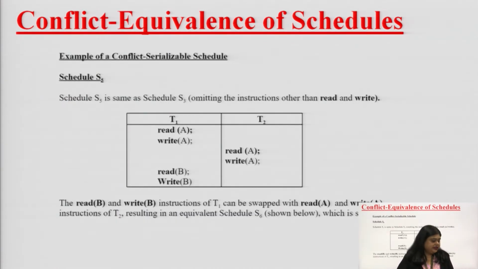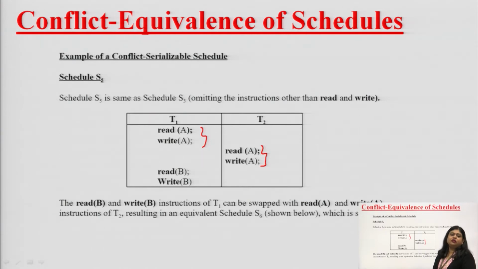Okay. Now, let us go through some examples. This is an example of a conflict serializable schedule. Over here you can see the schedule where we have read A, write A, then read A, write A, and then read B, write B. Are these instructions non-conflicting?